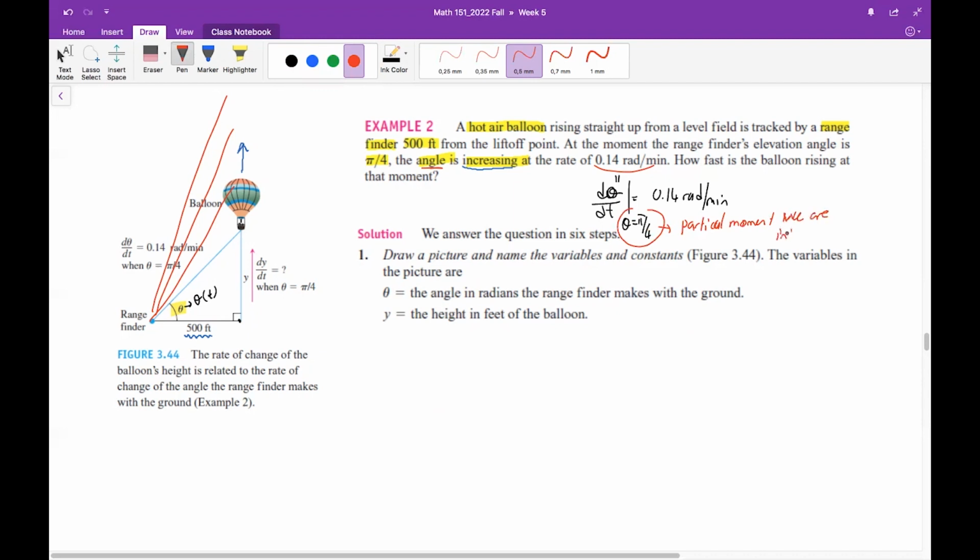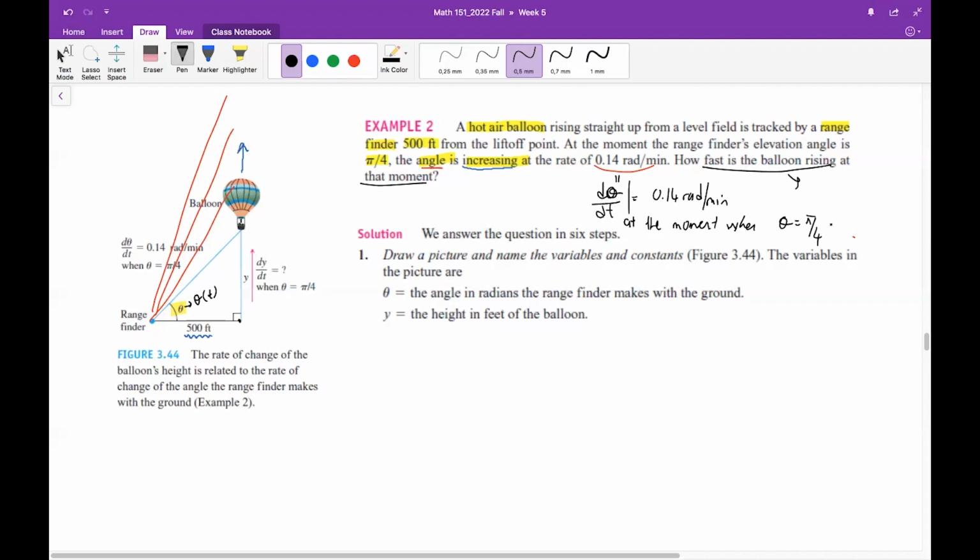And then maybe I can also state it like, at the moment when theta is exactly pi/4, what we want to find is, how fast is the balloon rising at that particular moment? How fast is the balloon rising?